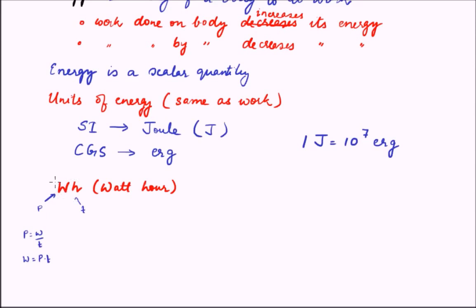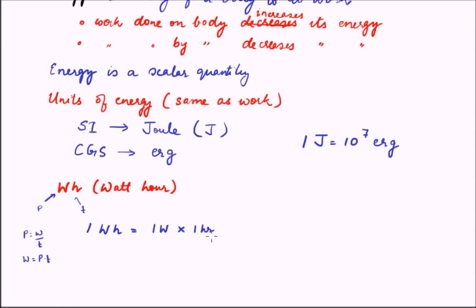So this represents work, and how much work in SI unit is equivalent to 1 watt hour? Let us calculate that. 1 watt hour is equal to a power of 1 watt used up for 1 hour.